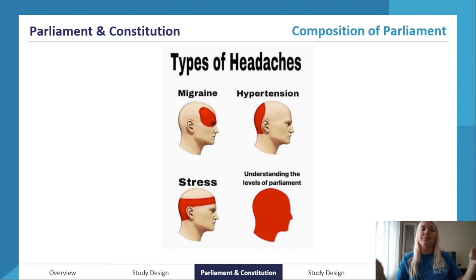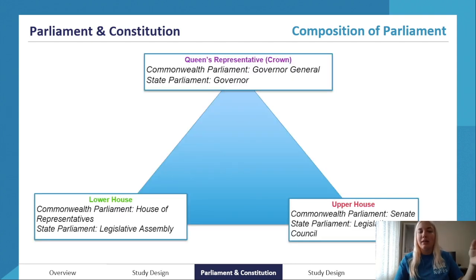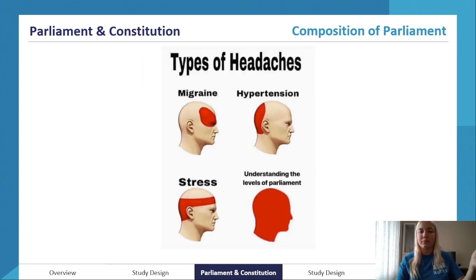If we looked at everything in an isolated way, like the names of each house and then the roles separately, it's too confusing, because these concepts need to be explained and viewed together. Understanding the levels of parliament must be tricky, but if you don't understand them, you will be one of those students in legal studies that complains about Unit 4 being very hard and very stressful.